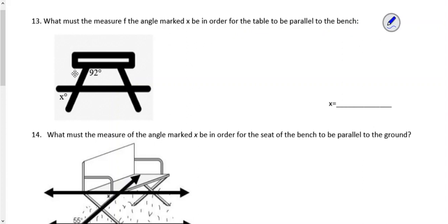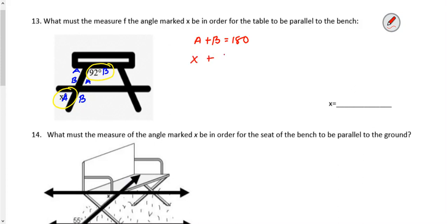Okay, parallel. So I'm going to label my A's and B's. There's A and B, and then this would be another A. So can't have two A's next to each other, so we'll say B, A, and then up here is also B. And I know 92 is B, and I know X is A. So to solve, I would say A plus B equals 180, and I'll just substitute in.